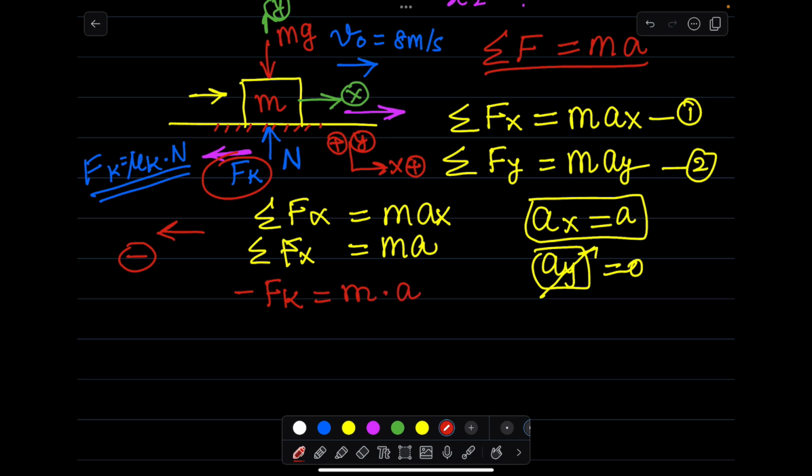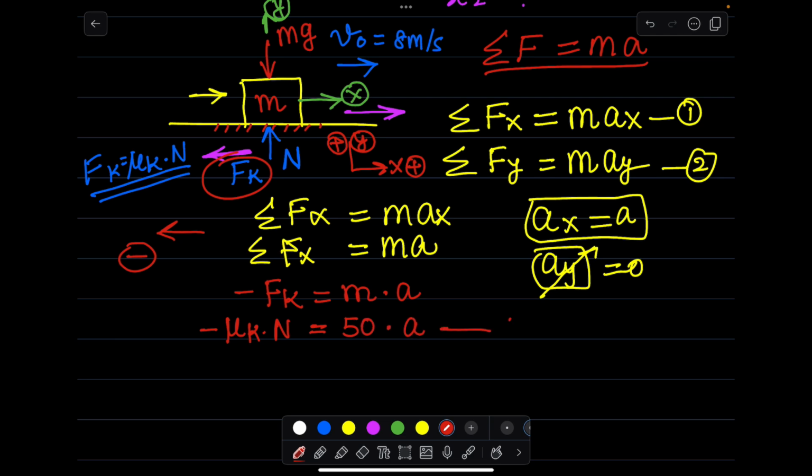Okay, and a is not given to us. So let's put the values here: fk, and as we know that fk is mu k n, is equal to mass of this body, which is given, 50 kilogram, multiplied by acceleration.